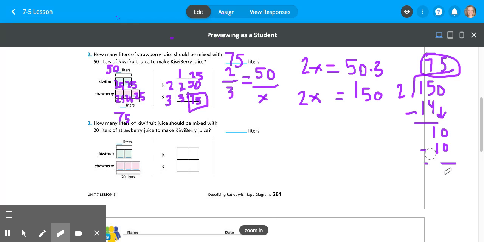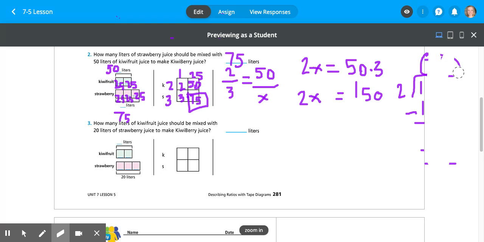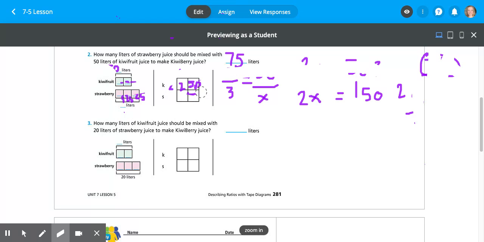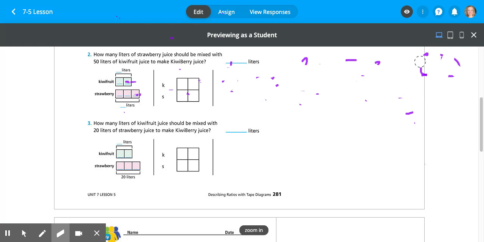Let me erase all of this. So the next one says, how many liters of kiwi fruit juice should be mixed with 20 liters of strawberry juice to make a kiwi berry juice?